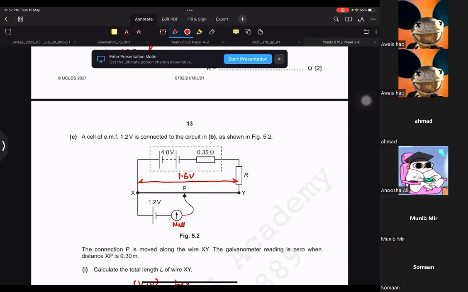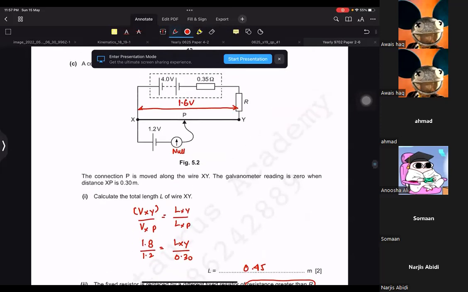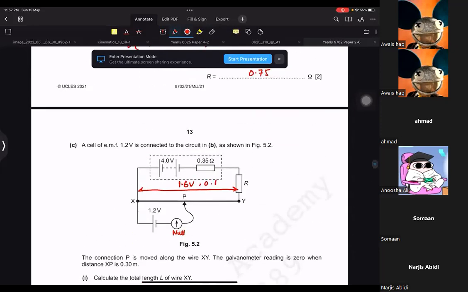Yes, sir. Now, if the whole length that we have found is 0.45 meter, so now see, if we apply the ratio, now this is 1.6.